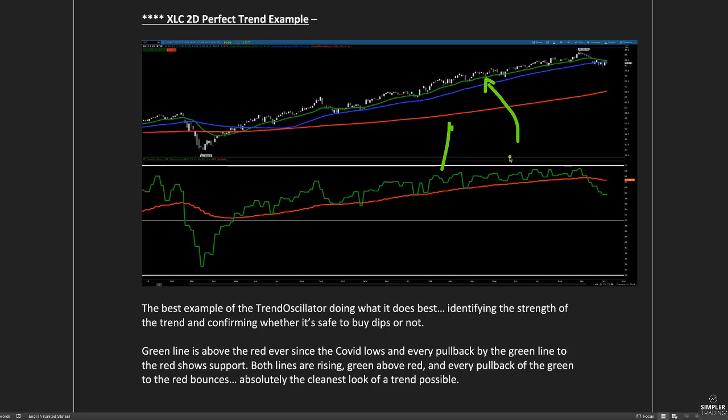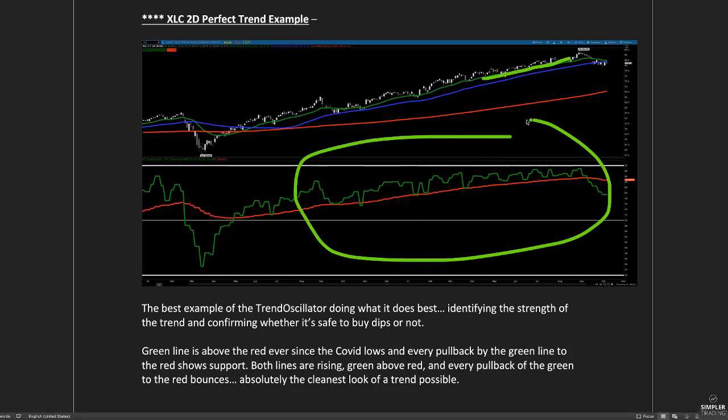I'm going to show you one that doesn't look like this pretty soon, so you'll have an idea of the disparity between when it's perfect and when it's not. You want to trade things that look like this, especially when they revert back to the mean, which is the 21. When you have a setup like this, it confirms that you can continue buying the 21 EMA on that time frame indefinitely until something changes.